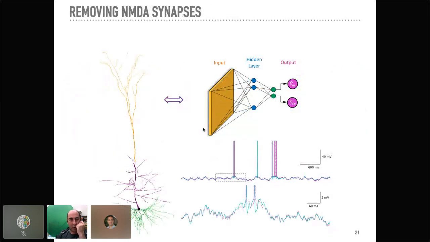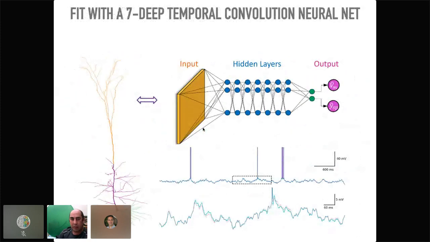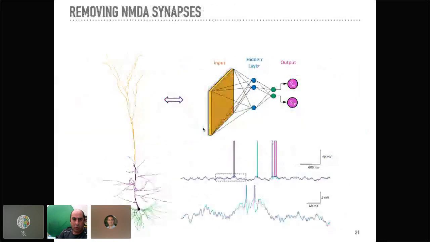Interestingly enough, we can also ask why we need so many layers. In this case, we have several layers, so we can try to remove some of the features of the compartmental model and see what contributes to this complexity.